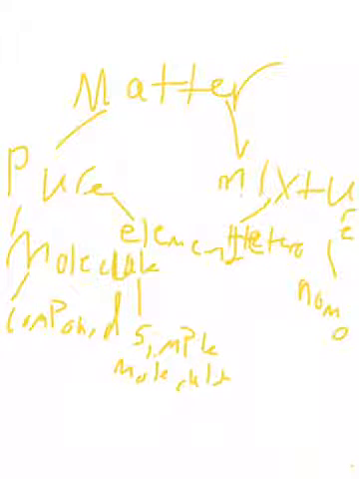A molecule can be split into two more groups, a compound and a simple molecule. A compound is what H2O is: two or more different elements combined to create one new thing. Another is the simple molecule, which is just two atoms of the same element combined.